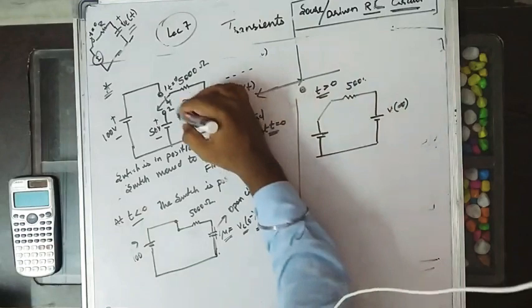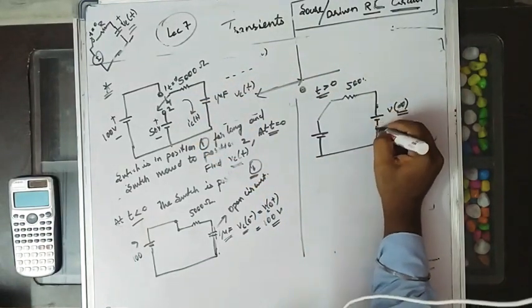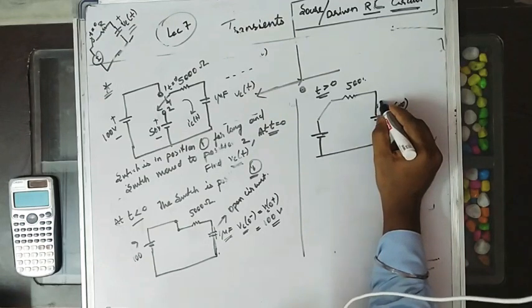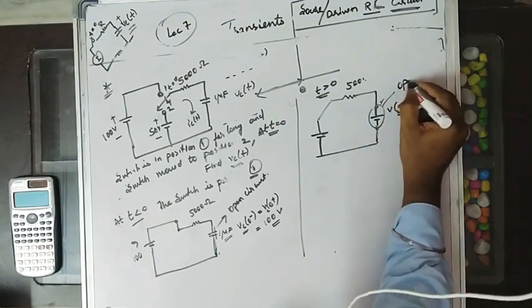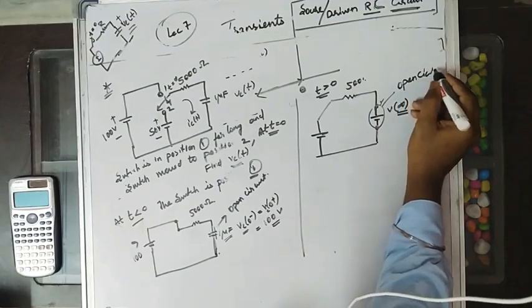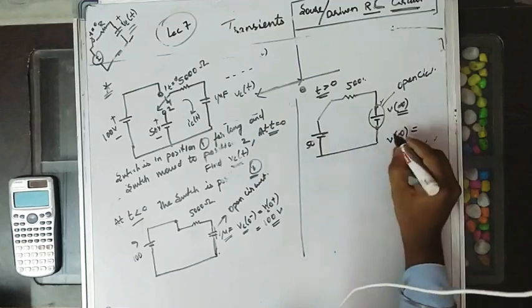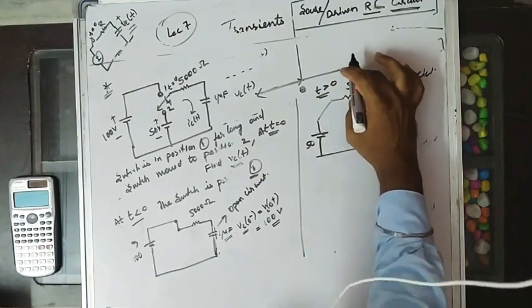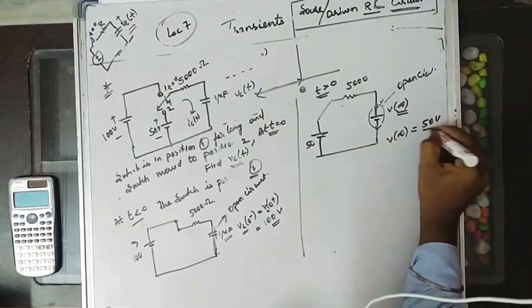The switch is operated at 2 for infinite time, so this circuit will be in open circuit. So Vc of infinity equals what? This is 50 volts. Since it is open, no current will flow. So Vc of infinity equals 50 volts.